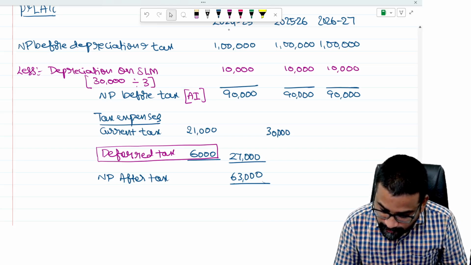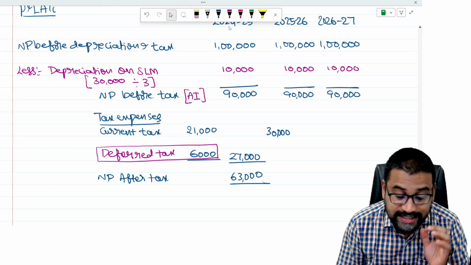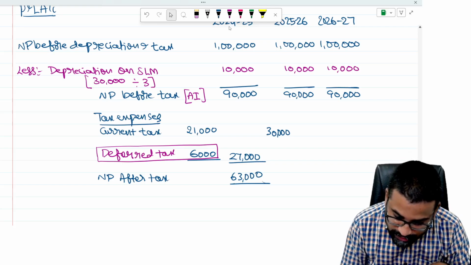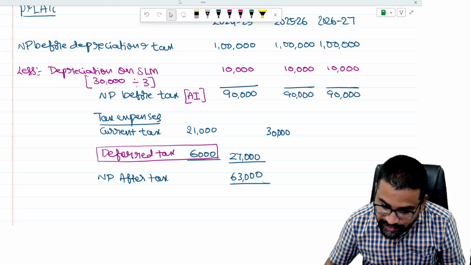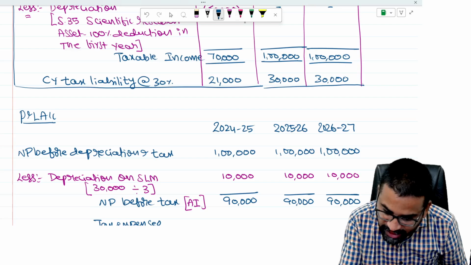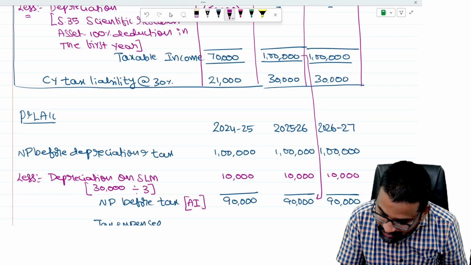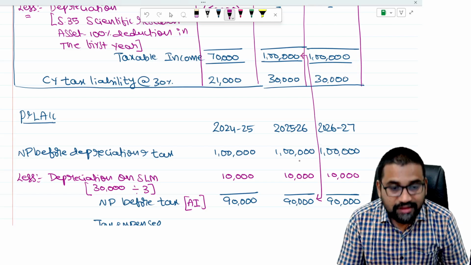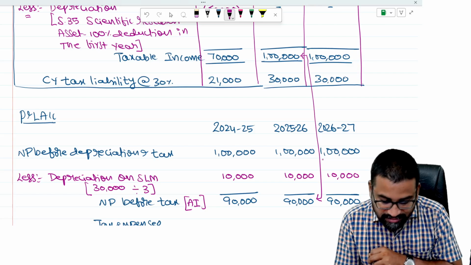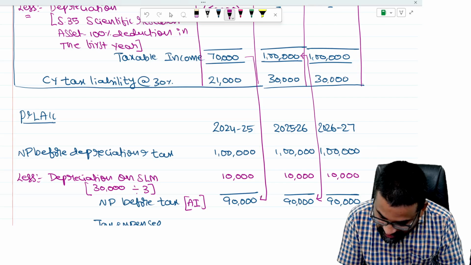Now is there matching? Second year, no. And see, the most important thing is, in the second year, do you know how much is the difference between accounting income and taxable income? Second year, taxable income 1 lakh, accounting income 90,000.